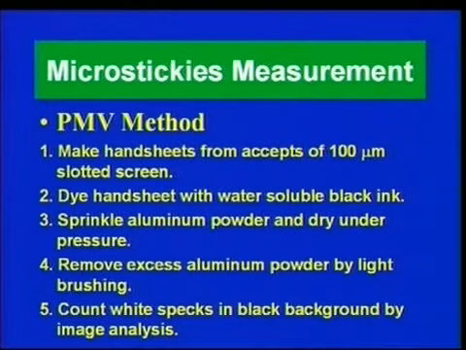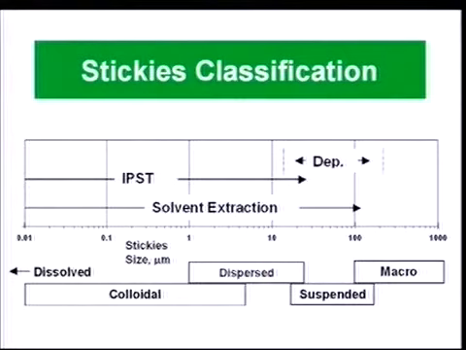And we won't go through the PMV method, but basically all these deposition methods measure the microstickies within the range of slightly above 10 micron all the way up to 120 micron, 200 micron, whatever. We don't know the precise range, but they are somewhere in the suspended stickies range.